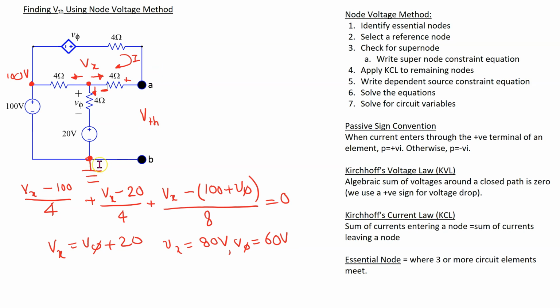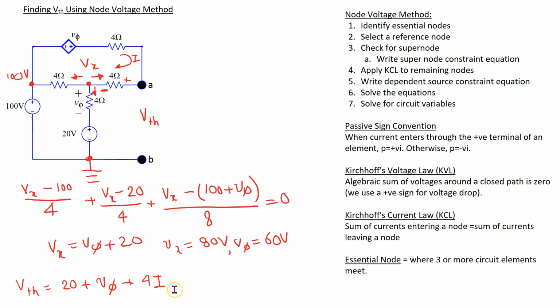If we apply Kirchhoff voltage law along this path, we can see that minus plus, minus plus, minus plus, these polarities add up. So VTH is given by 20 + Vφ + 4I.